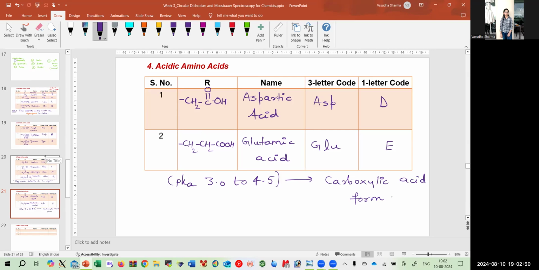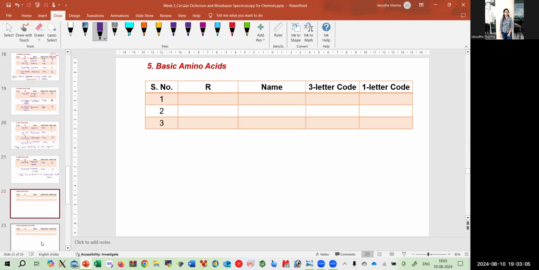Otherwise, at higher pH values, it would convert to your carboxylate because it would release that H positive.